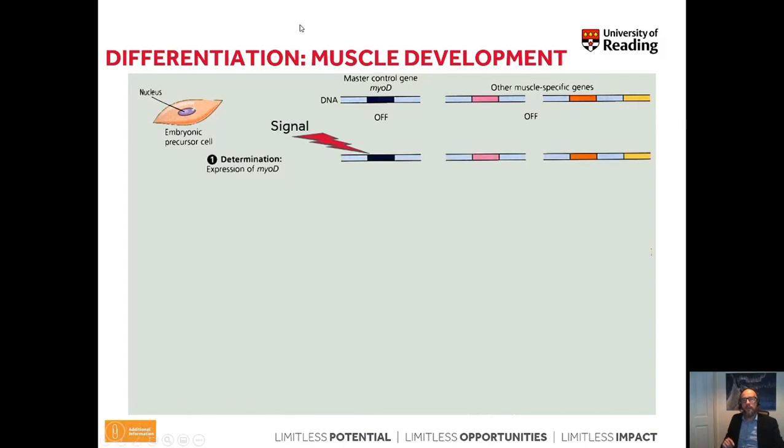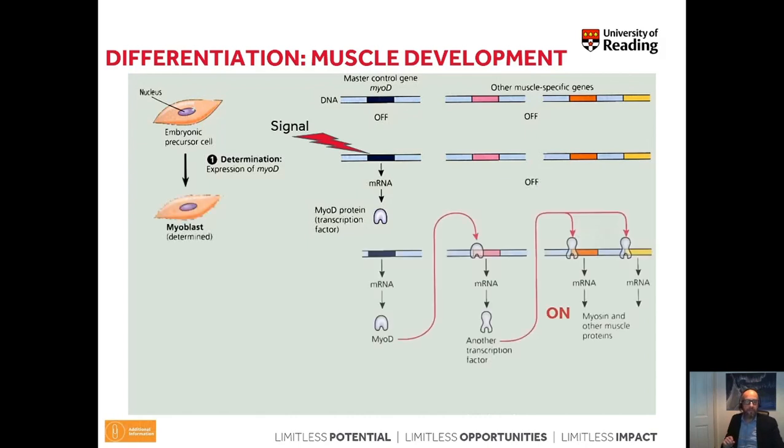If the embryonic stem cell now receives a signal leading to expression of the transcription factor called MyoD, then this master control gene is expressed. In turn, mRNA is produced, MyoD protein is expressed, and this in turn activates other muscle-specific genes.